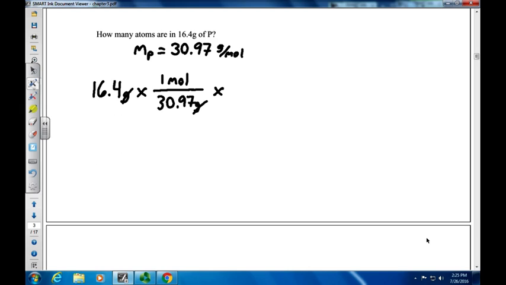So we write that out. 6.022 times 10 to the 23rd atoms per every 1 mole. And look at that, moles and moles cancel each other out. And we're left with atoms, which is exactly what we wanted.